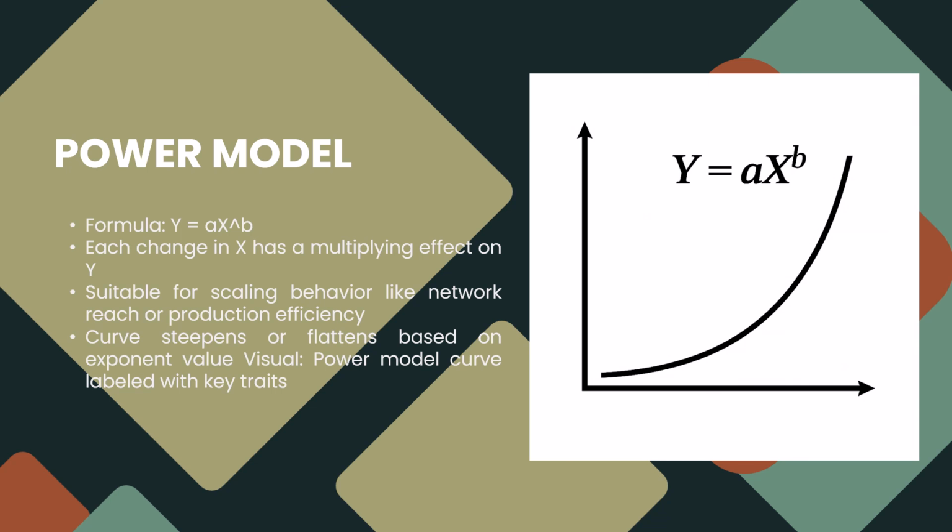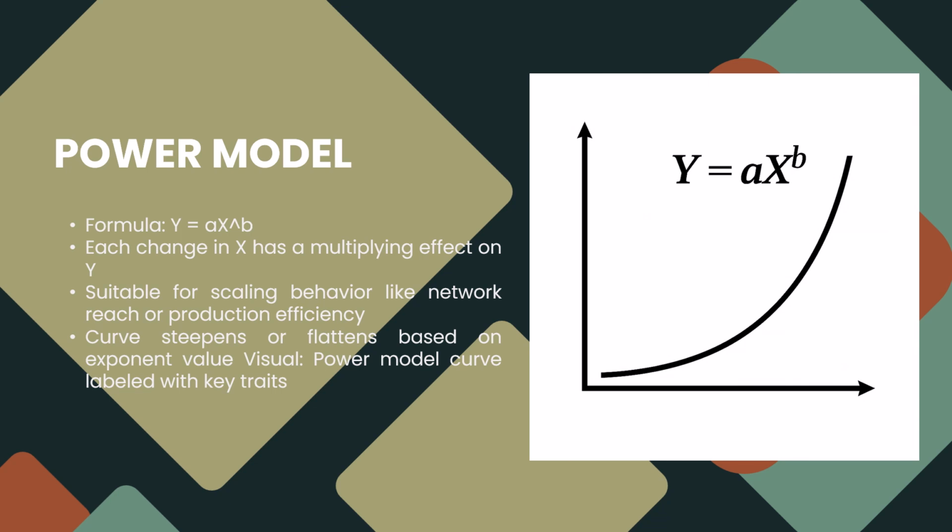Especially it's noticeable when b is greater than 1. On the graph, you can notice the curve that starts flat has become steeper. This reflects the accelerating nature of proportional growth. As x increases, y increases faster and faster.